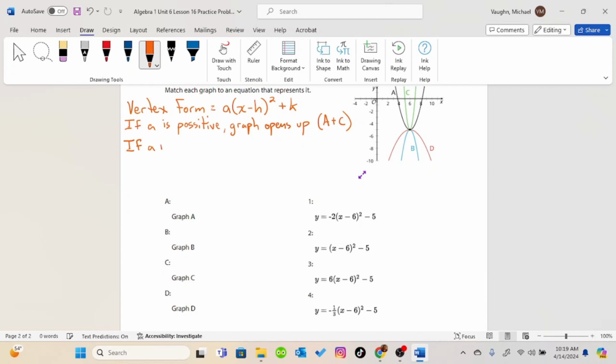If a is negative, the graph opens down. That will be choices B and D.